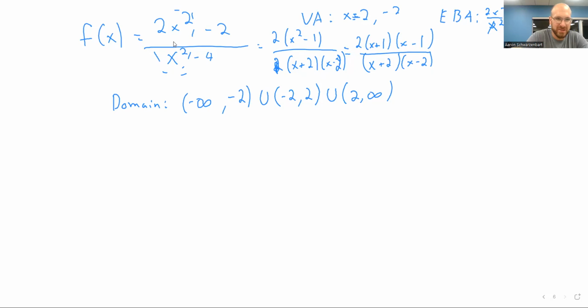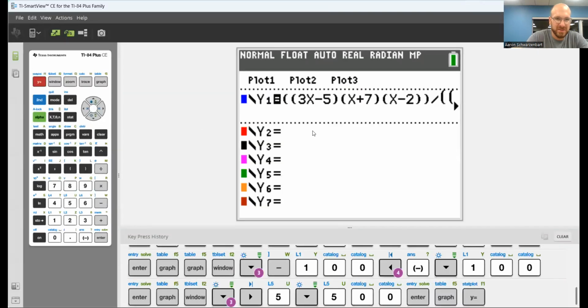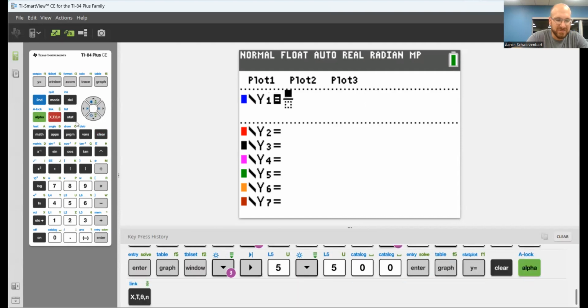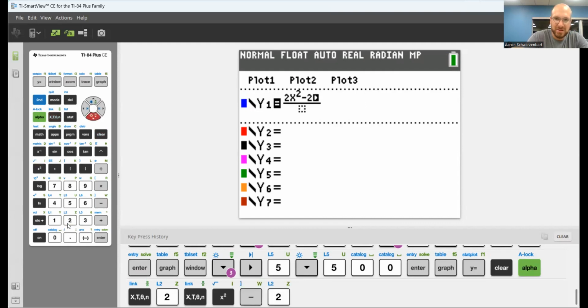So we go to our calculator, clear out the last one, and this one I'm going to enter this way. 2x squared minus 2 over x squared minus 4.